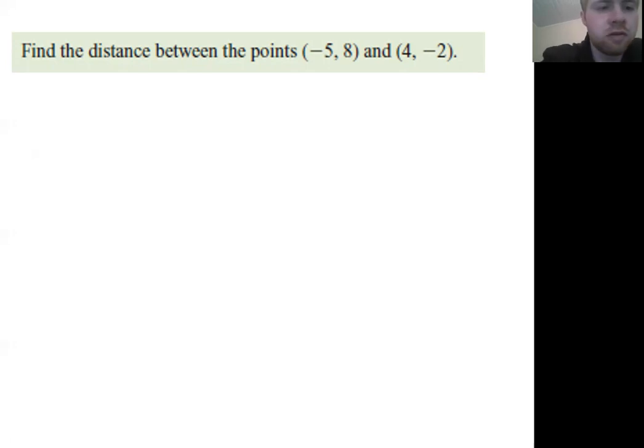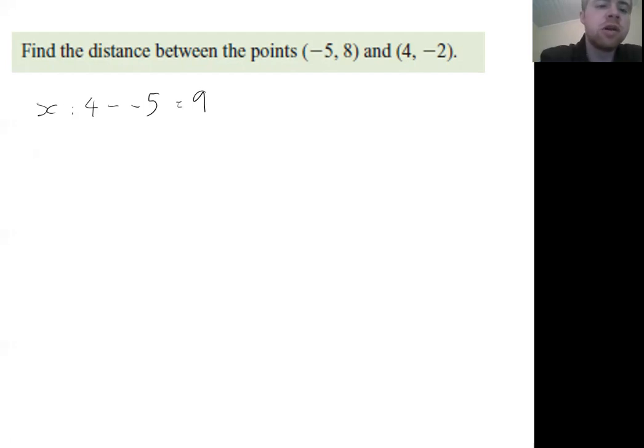So first of all, we're going to find the horizontal component, or the x, and it's just going to be the difference of these two values. So it's going to be 4 minus -5. Now, because we've got a double minus, the horizontal component is going to be 9 between these 2 points.